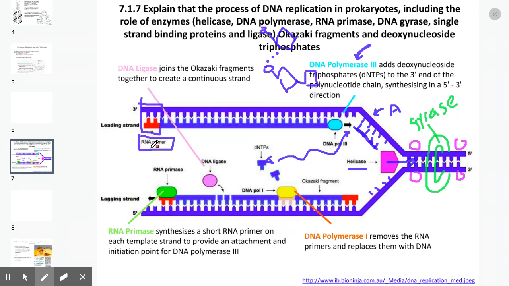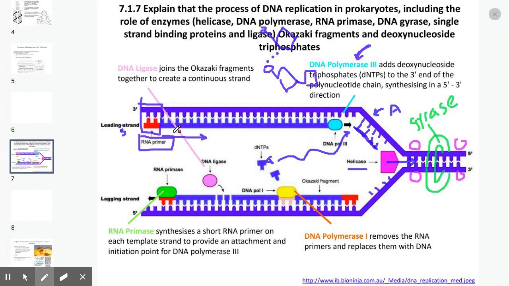And yes, it's RNA. So this could actually be a uracil, not a thymine. Very possible. So it identifies where the replication process starts, and then the replication process begins from our 5' direction to our 3' direction, just like we talked about in the previous video.